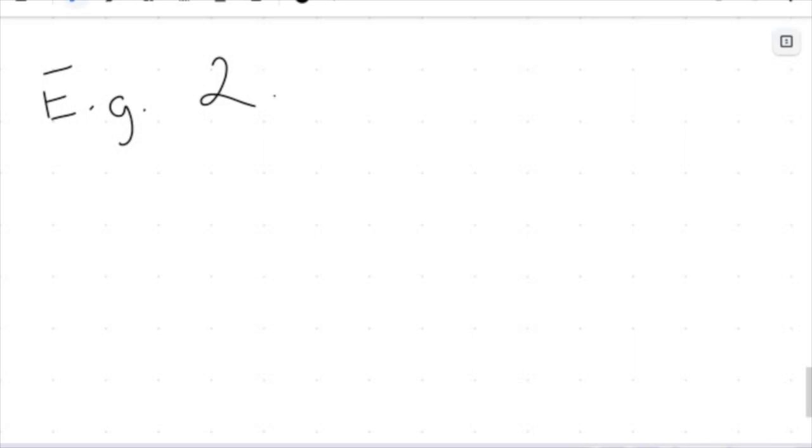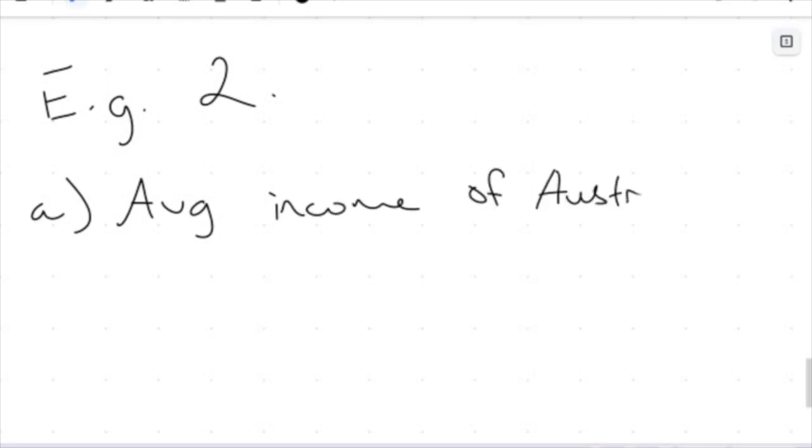So, example A, let's see whether a primary or secondary source is suitable for each of these collections of data. So let's look at, for example, the first one, the average income of, I'm from Australia, so let's say Australian households.